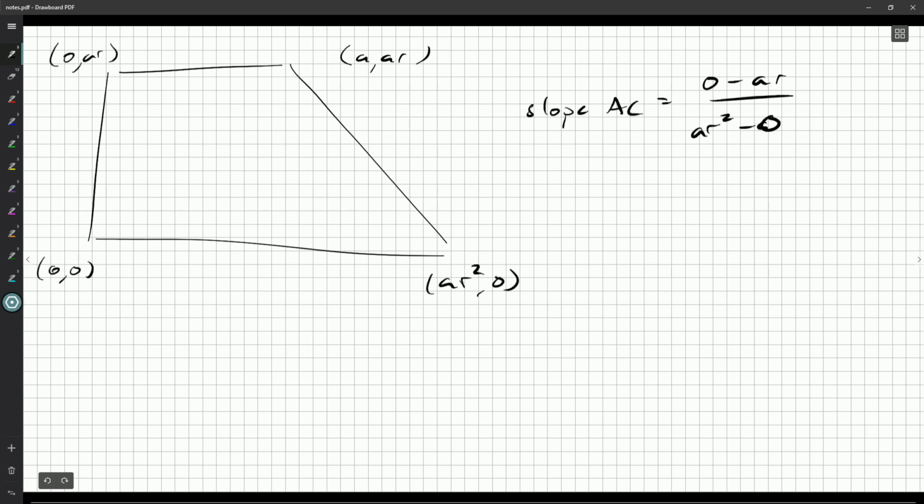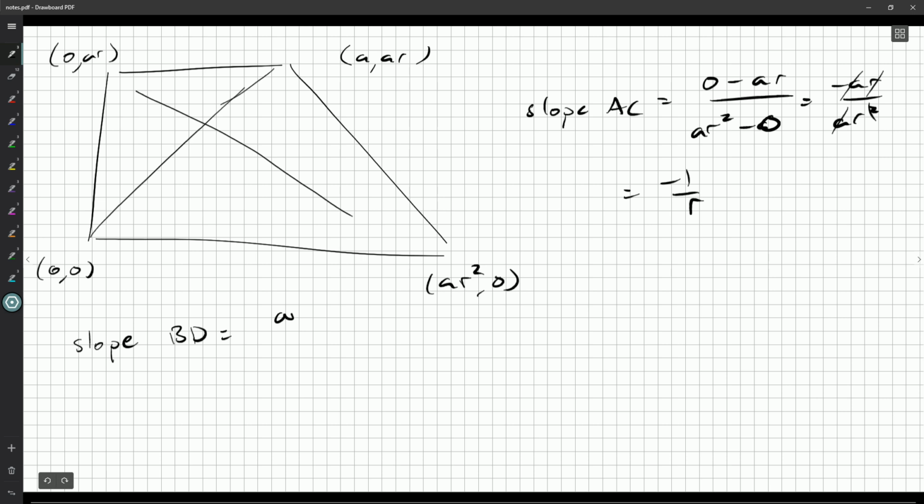Just want to make sure that you keep everything lined up. I didn't want to get the order wrong and do 0 minus AR squared on the bottom. So that'll be negative AR over AR squared. Cancel out the A, cancel out one of the R's. I'll get negative 1 over R. Now, I expect the slope of BD, this line here, to be R. So rise over run is just going to be AR over A, and it is R.